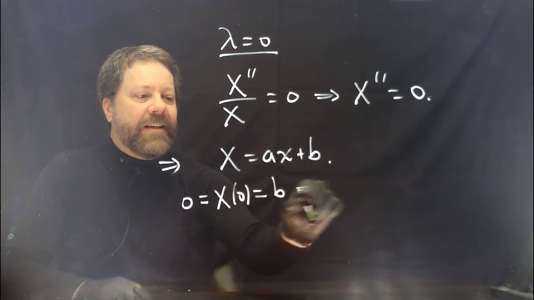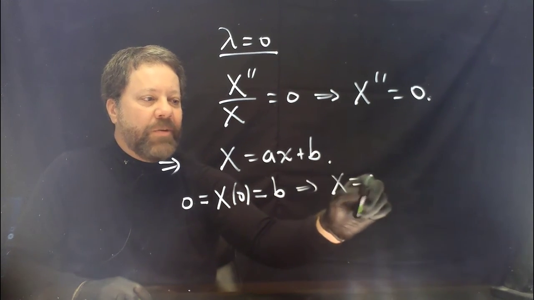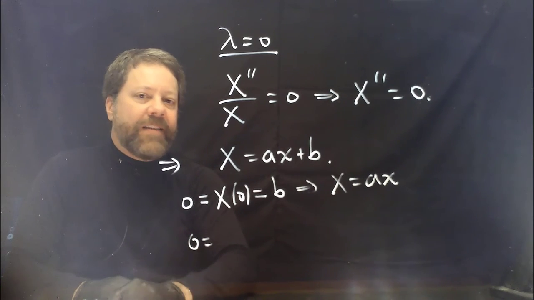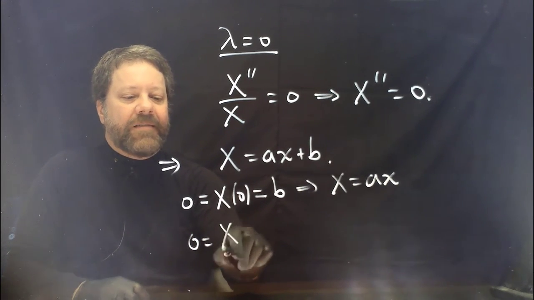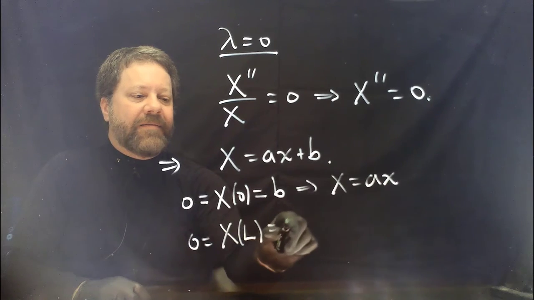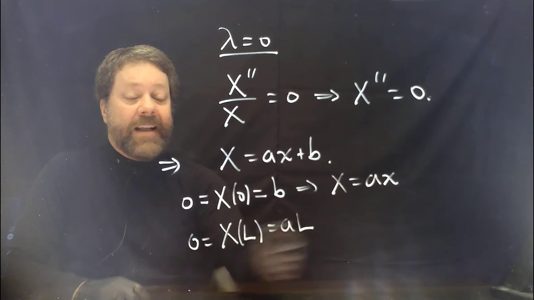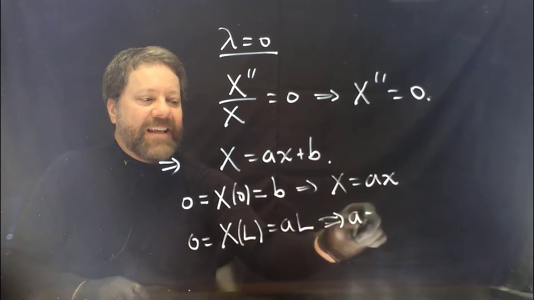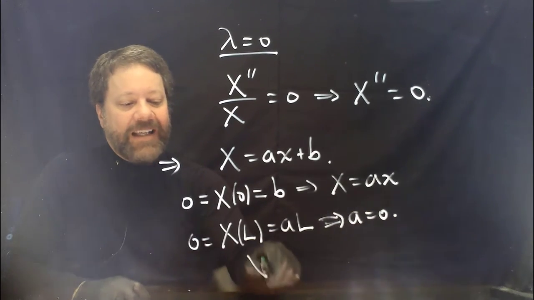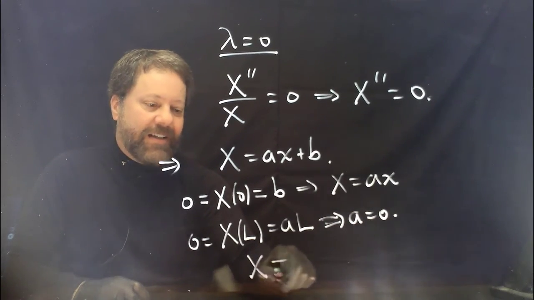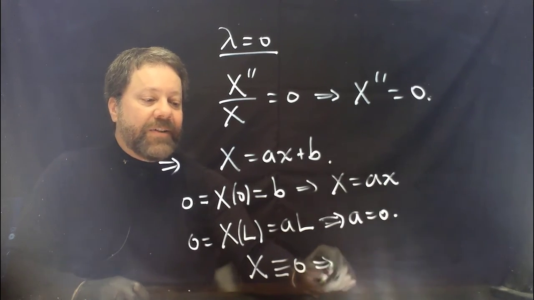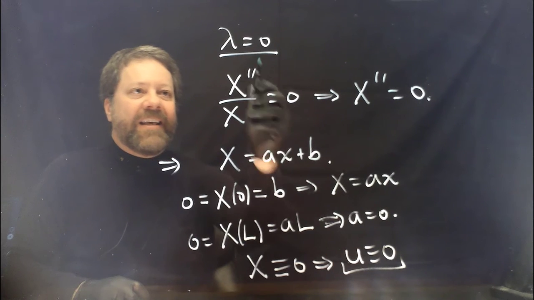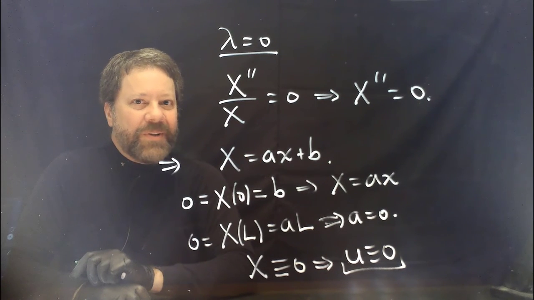So X can be no worse than a times x, but now we have to satisfy the other boundary condition, and L is not 0, so that implies that a is 0. So again, we quickly see that X is identically 0, and that implies that u is identically 0 in the case that lambda equals 0.